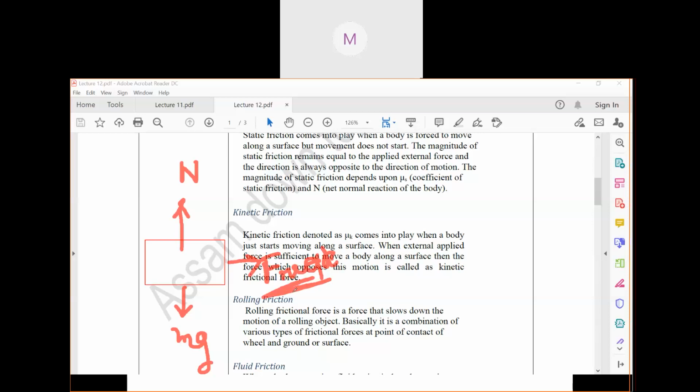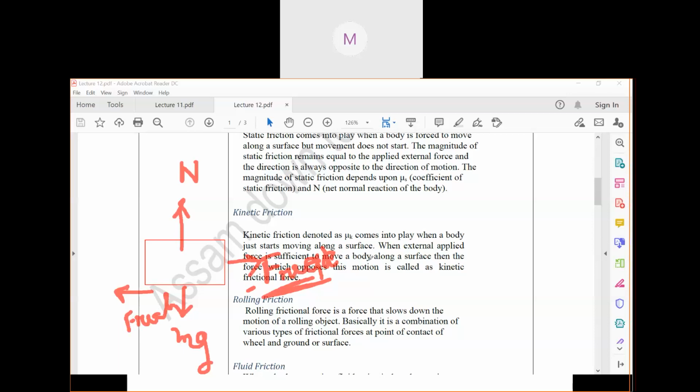In the opposite side, where you are applying a force, a friction will apply, yes or no?